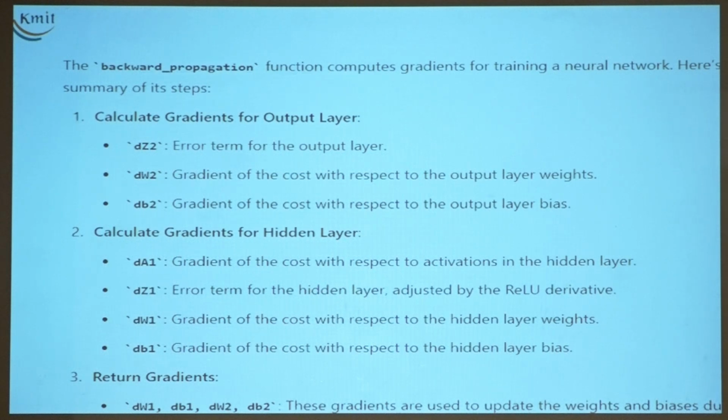I repeat, when I talk about gradients for the output layer, we calculate dz2, dw2, db2. When I talk about calculating gradients for hidden layer, we calculate dA1 first, then dz1, dw1, db1. And then I'll return all the gradients.